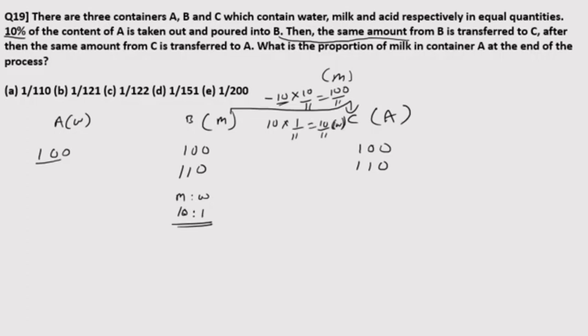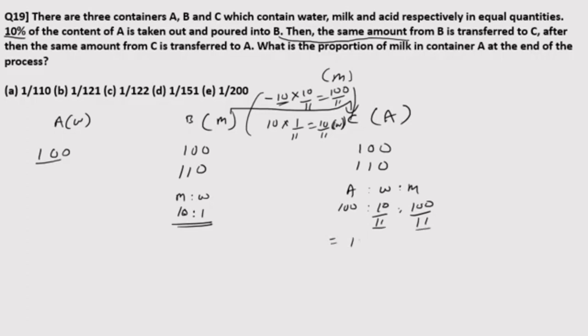Now tell me one thing. Here acid to water to milk, the ratio will be 100 is to 10 by 11 is to 100 by 11, as I did here. Now let me make it in integral form, multiplying by 11.